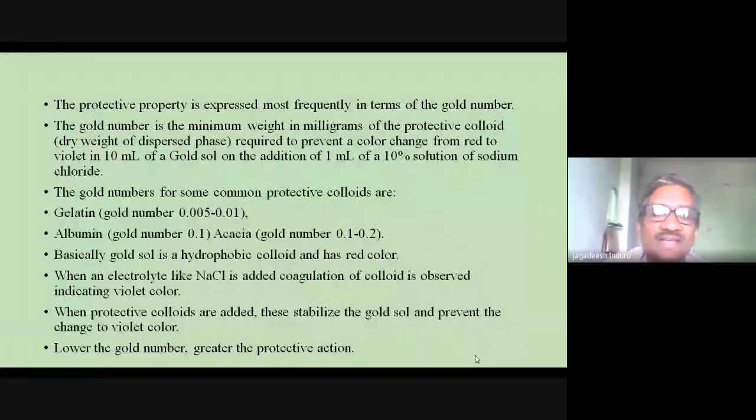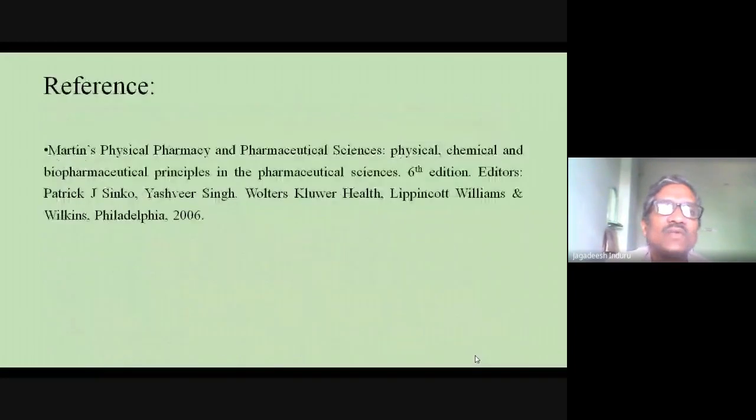There is a separate department for that, in which you explore all these activities. It means the lower the gold number you select, the more money you save by reducing your excipient consumption, and it yields better returns. So, greater the protective action. I hope you understand this concept.